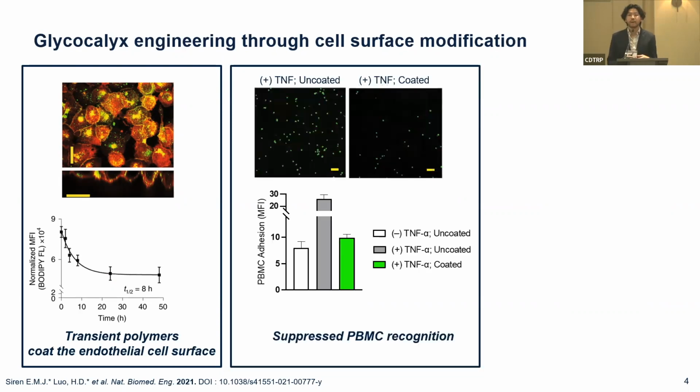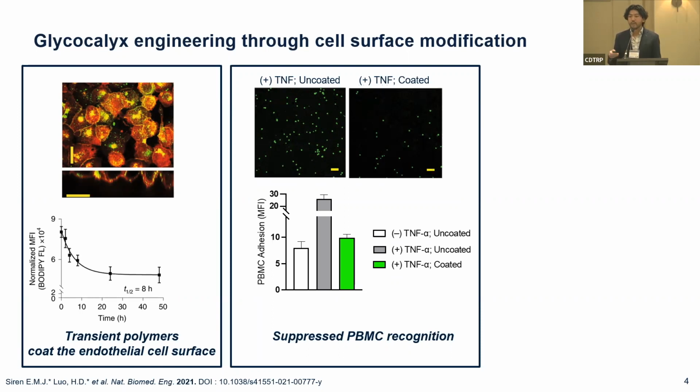Then we looked at whether it is in fact going to create an immunoevasive coating. Under inflammatory conditions using TNF-alpha, we saw that in the presence of our polymer, we were able to reduce the interaction of immune cells isolated from blood. In this case, we stained the immune cells with fluorescent dye, and we saw a lowering of this fluorescence.